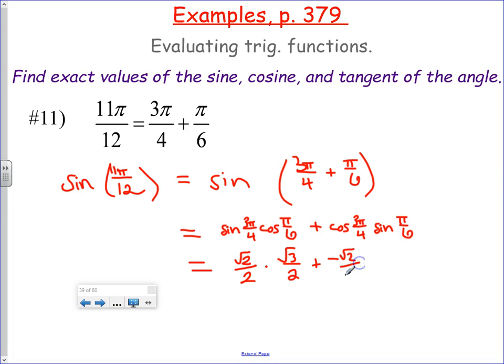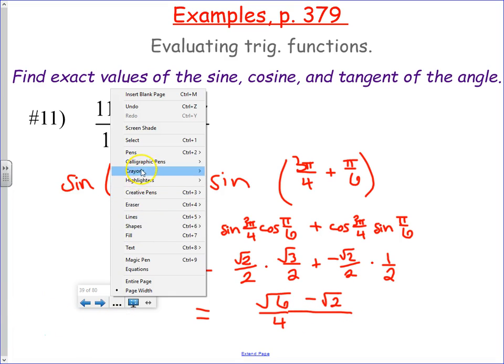Second quadrant, cosine is negative. Times sine of pi over 6. Multiply these out. Oh, this is a gorgeous number, right? Just kidding. Root 6 over 4 minus root 2. Oh, hey, that root 2 is also over 4, right? So let's just combine it and get a common denominator.